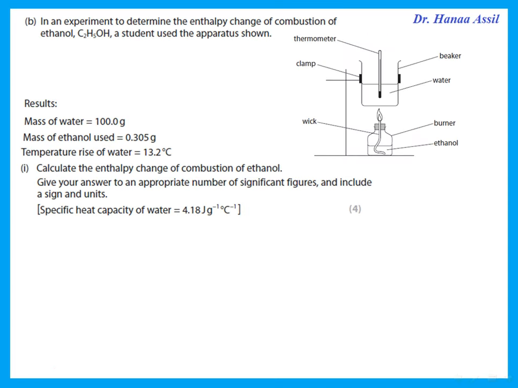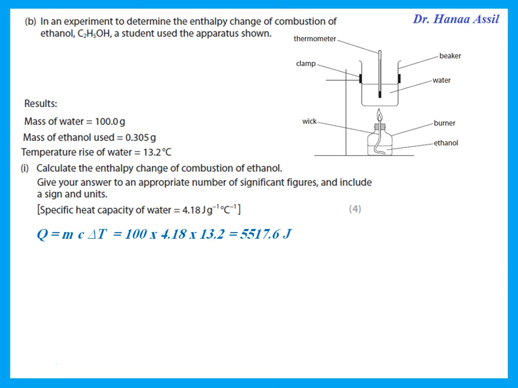In an experiment to determine the enthalpy change of combustion of ethanol, a student uses the apparatus shown. He has the mass of water is 100, mass of ethanol is 0.305, temperature rise is 13.2. Calculate the enthalpy change of combustion of ethanol. In order to get the delta H, I need to calculate Q, and you should realize that Q is mc delta T. And remember, m stands for what? m stands for the mass of water.